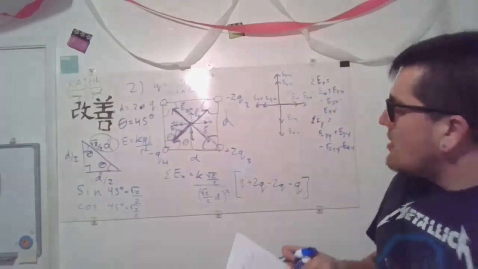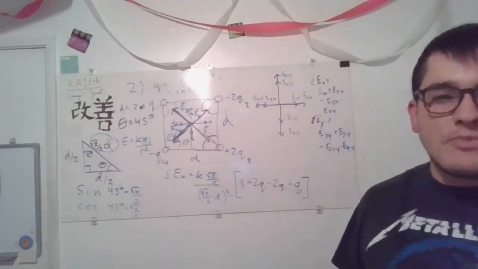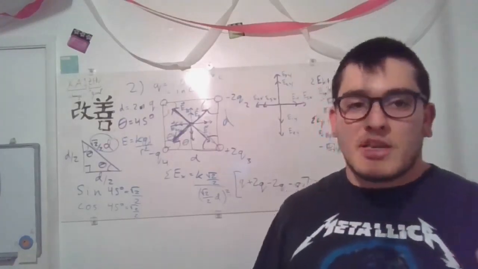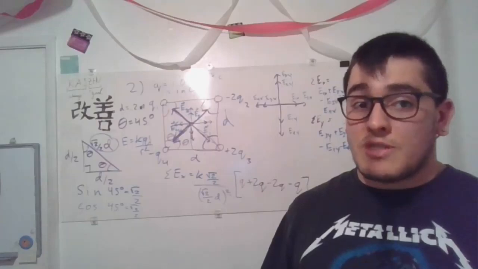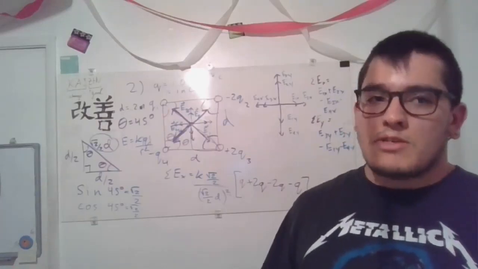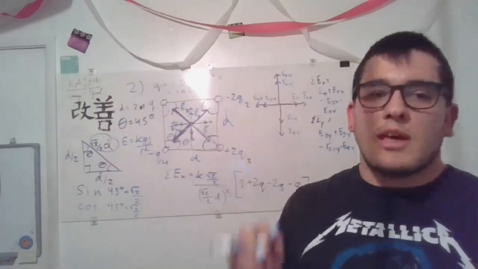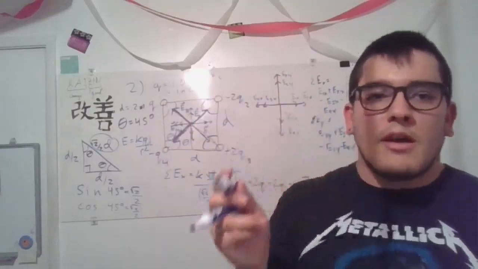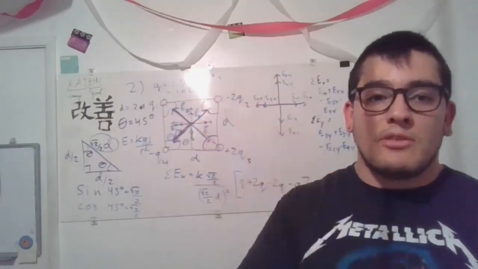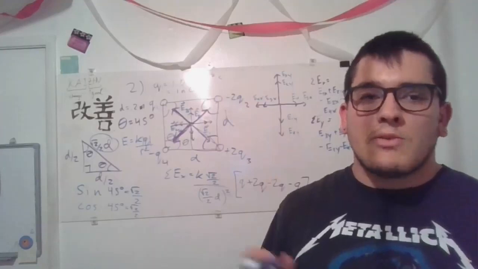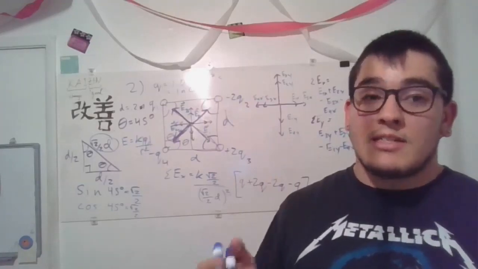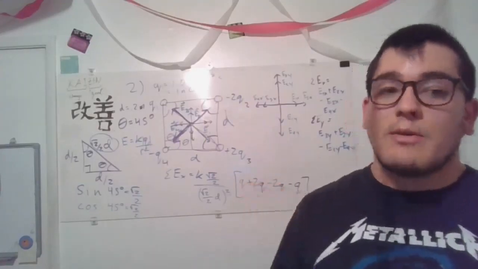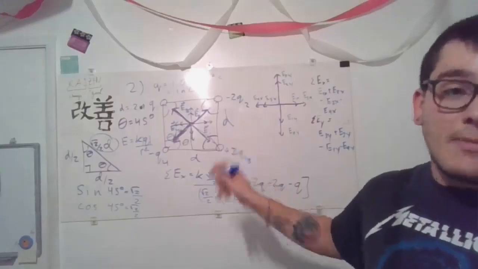So you can kind of relate this problem to the ring problem. Remember at the center of the ring, the electric field was zero. And that was because you could use symmetry and say that every little point on the ring contributes some electric field in the opposite direction. So it made the electric field at the direct center zero. So that's actually what's happening here.